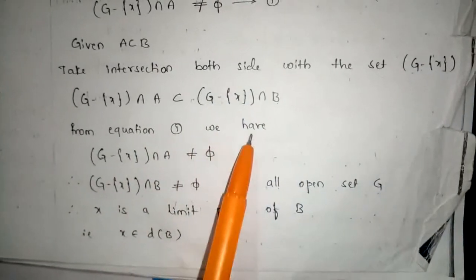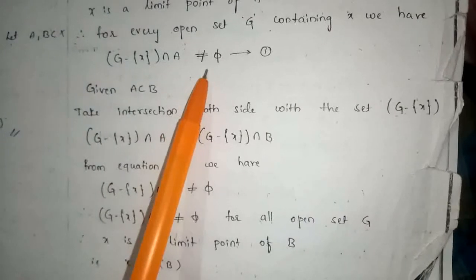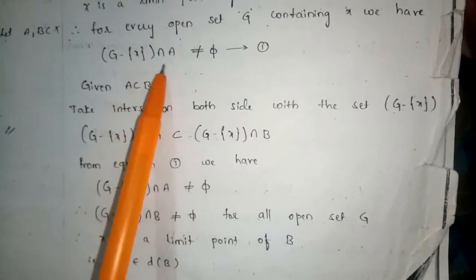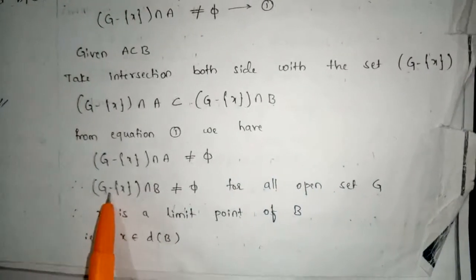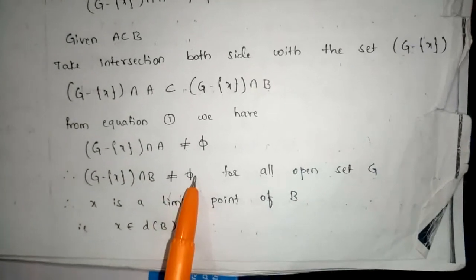From equation 1, observe what equation 1 is: (G minus x) intersection A is not equal to φ. Therefore this value is not equal to φ. Then automatically (G minus x) intersection B is also not equal to φ.